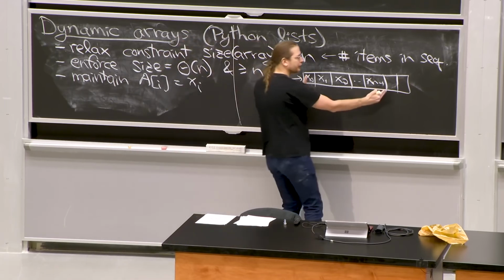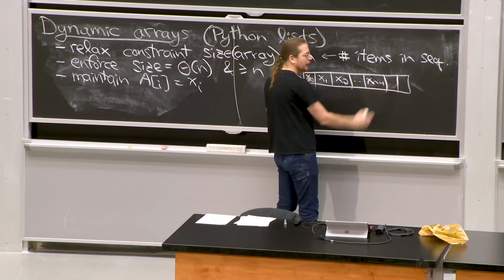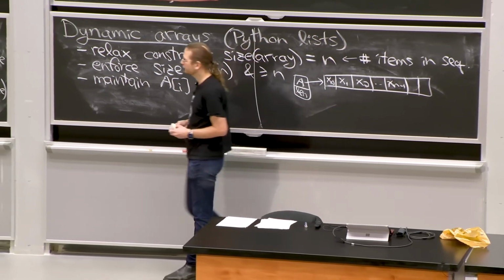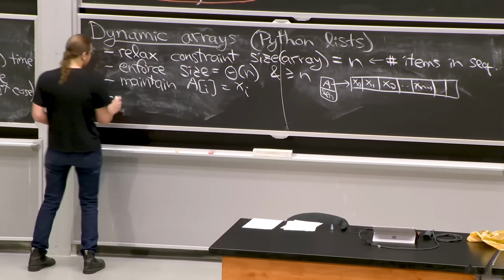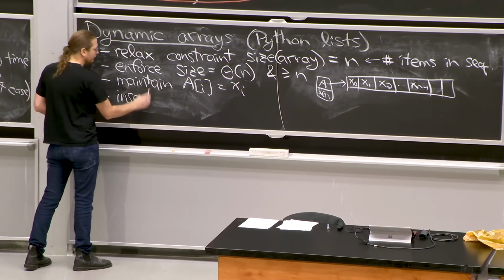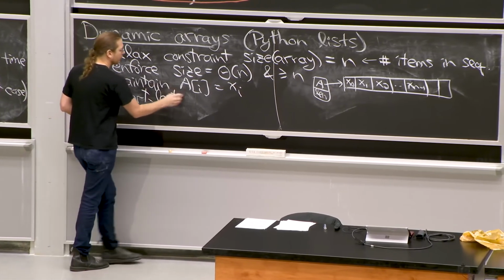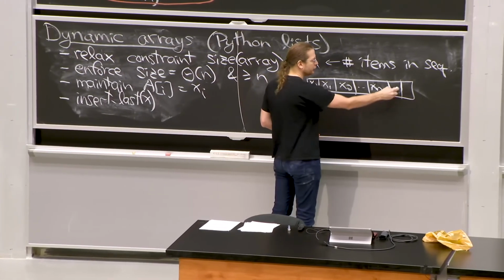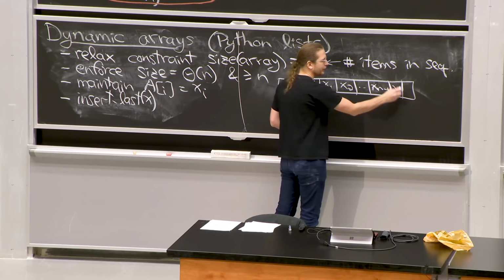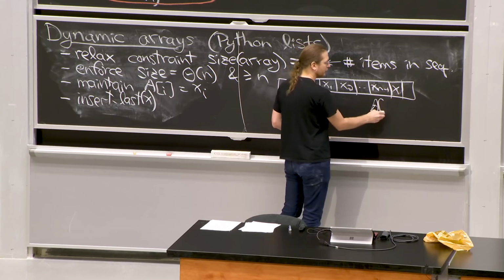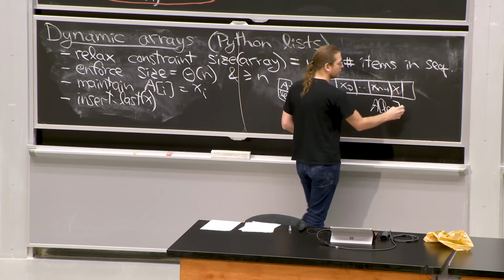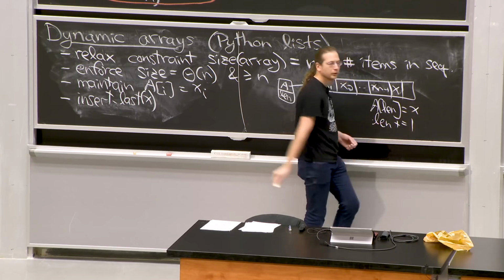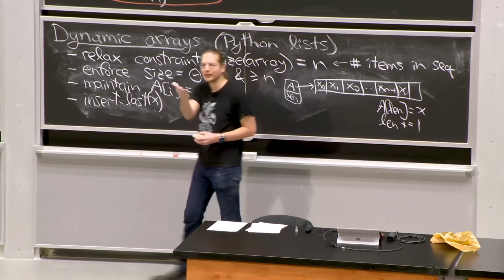So we know that the first length items are where their data is, and the remainder are meaningless. Okay, so now if I want to do an insert last, what do I do? I just go to a of length and set it to x. And then I increment length. Boom, easy, constant time.